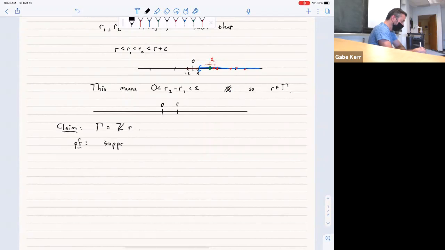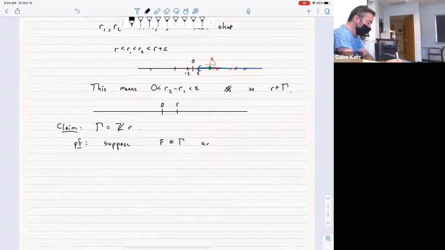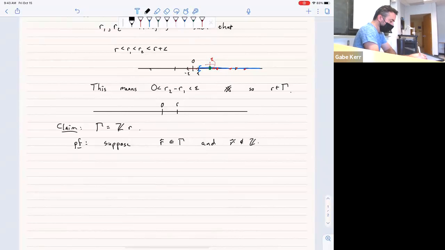So suppose, let's say R tilde is in gamma, and R tilde is not in Z times R. But then R tilde has to be between A times R and A plus 1 times R for some A. Here I want to assume that R tilde is greater than 0.